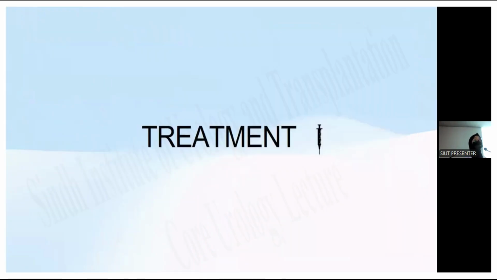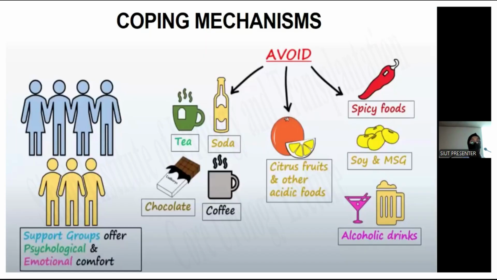So as Professor Asad highlighted, and Dr. Karim also shared with us, the treatment is mainly focused at relieving the symptoms that the patients are suffering with. We do not directly jump on to antimicrobials or anticholinergics. We mostly encourage lifestyle modifications and coping mechanisms.